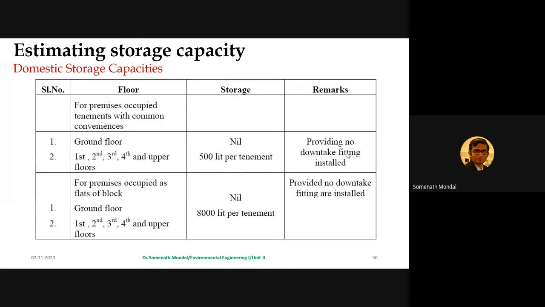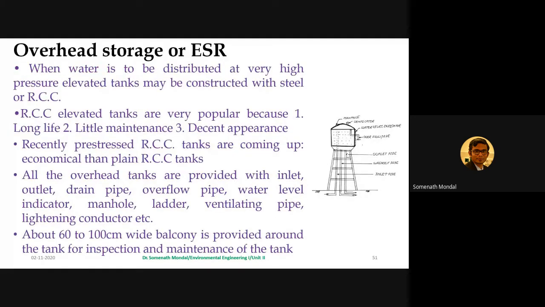Fine. So with this I'll slowly move towards the next structures which I was talking about before. Basically the elevated storage reservoir, or overhead storage tank, as we say. This is the most common overhead storage facility, which we can see on the right hand side, where I have given a schematic diagram.